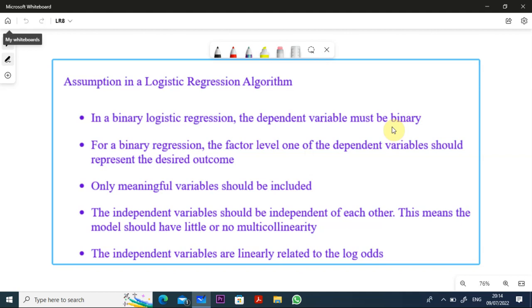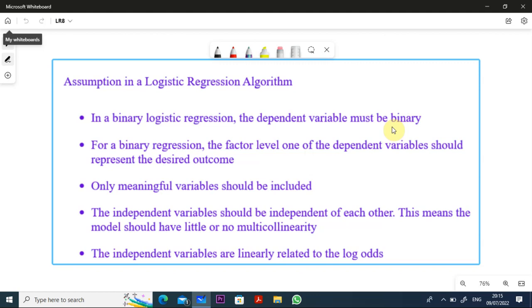The independent variable I am not bothered about; it can be one variable or more than one, x1, x2, x3, up to xn. But the dependent variable, which is represented on the y-axis, must be binary. This is the assumption. For binary regression, factor level one of the dependent variable should represent the desired outcome.